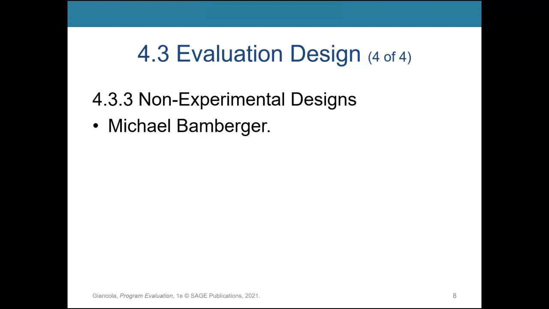And if it's the best you can do, you just look at the program you've got and you look at the outcomes for the individuals who are in that program. So the individual here, Bamberger, has done a lot of work to develop a methodologically rigorous non-experimental design. So it is possible to do good research that's non-experimental, even though it's not sort of the ideal.